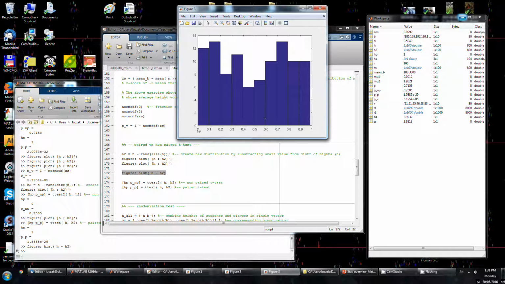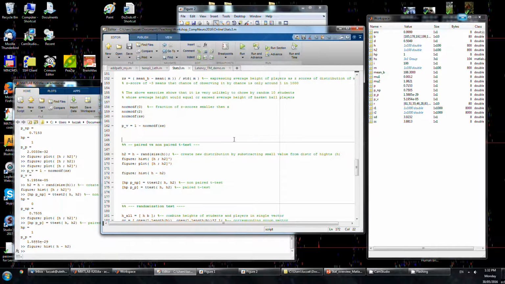And by design, because we subtracted some random number from each of those h values, all those h values are bigger, and all those differences are between 0 and 1, so this distribution is highly different from 0. So in this t-test we are testing if the mean of this distribution is significantly different from 0, and as we saw here, it is highly different.